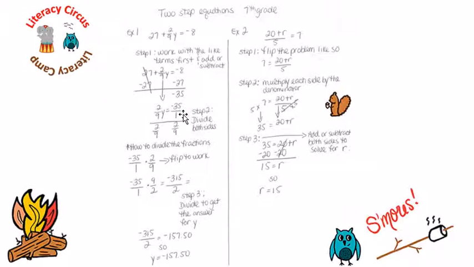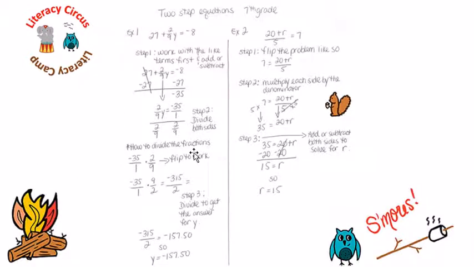We brought the -35 down, but to make it a fraction along with the 2/9 y, we put a 1 underneath it. Then step 2: we want to divide both sides by the 2/9. In order to divide both sides by the 2/9, we set it up like this, and we're going to work it so that we can solve for y.